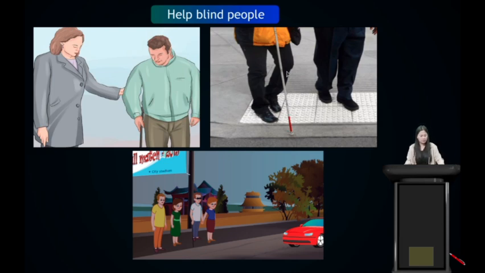All right, students. So in today's class, we have discussed the defects of the human eye. If you remember, the first defect that we discussed is myopia, also known as short-sightedness.